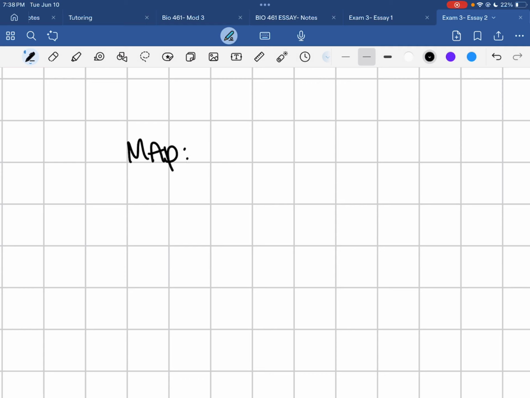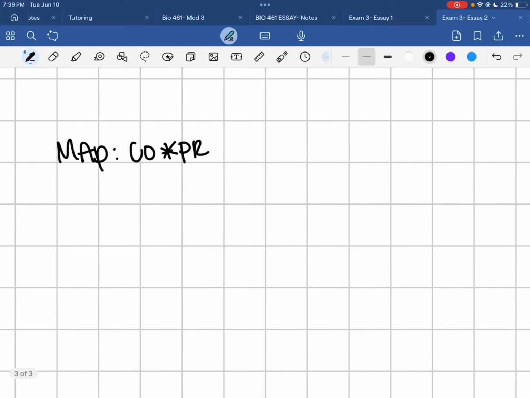Okay, now we're going to talk about mean arterial pressure, which is MAP. So the equation for this would be our cardiac output times our peripheral resistance. This is also calculated by a weighted average of the systolic and diastolic blood pressure.